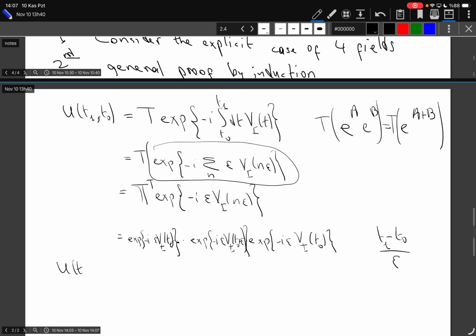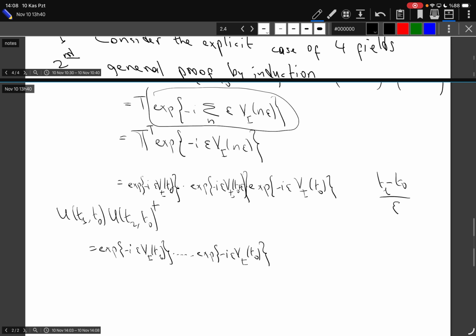Now, what does taking the dagger do? It reverses the order. So what I will have is exponent minus i epsilon V_I of T1, up to exponent minus i epsilon V_I of T0, again just steps of epsilon in each of the products. Now, I have the same expression for this U dagger with i replaced with minus i, in reverse order.